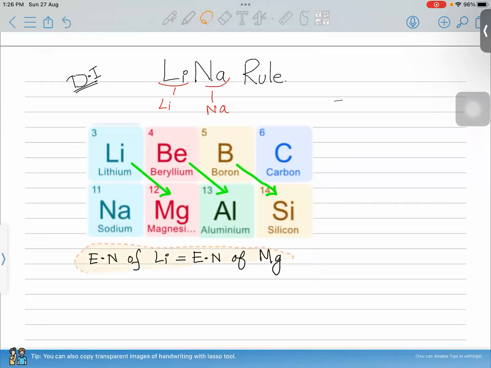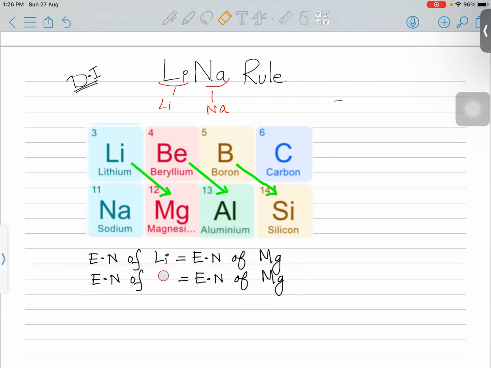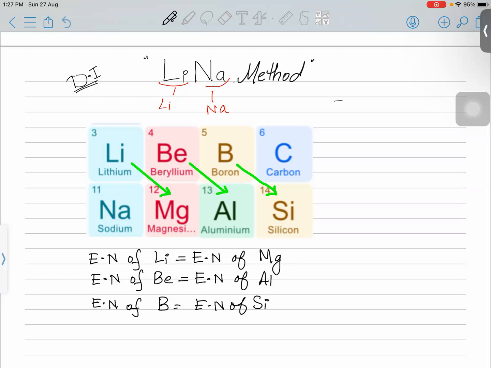Similarly, the electronegativity of beryllium is equal to aluminum. Similarly, the electronegativity of boron is equal to the electronegativity of silicon. So always remember the Lena method. It is quite easy to memorize this exception.